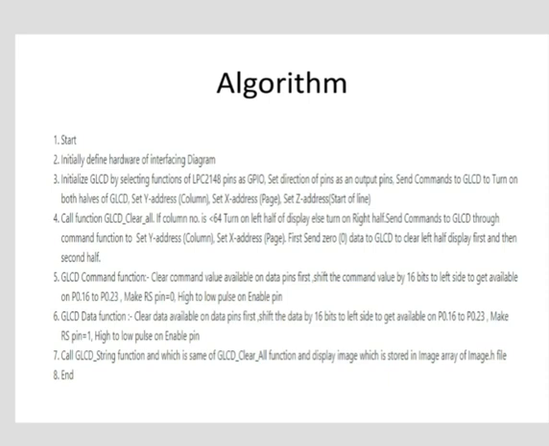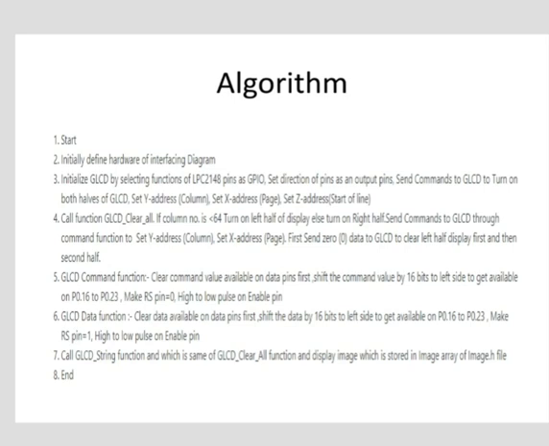The GLCD command function clears the command value available on the data pins first and then shifts the command value by 16 bits to the left to make it available on pins 0.16 to 0.23. So make RS pin 0, and give a high to low pulse on the enable pin.